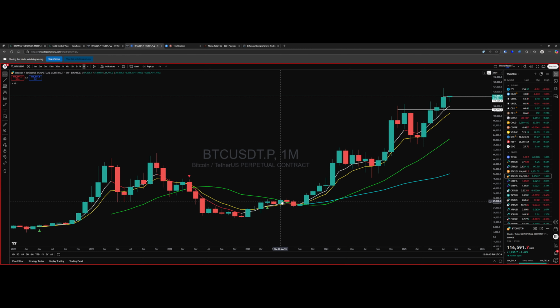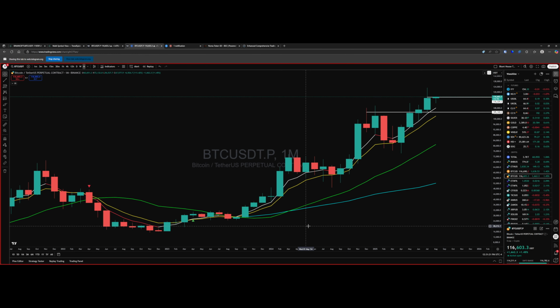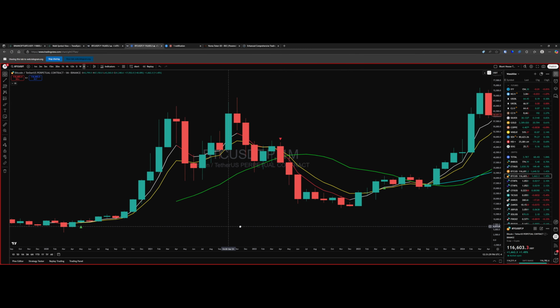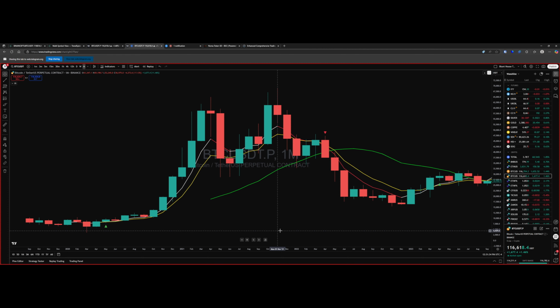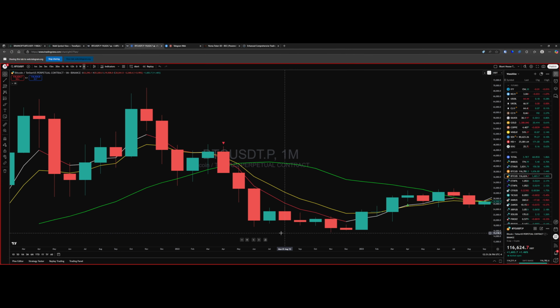You break the 20 on the monthly, retrace a little bit, but boy, you catch a nice bid hard off the 20 and the 50 on the monthly, which is gift wrapped. But how many people are looking at a chart like this, a monthly chart, when it was doing this? Nobody was looking at the monthly chart. Very few.